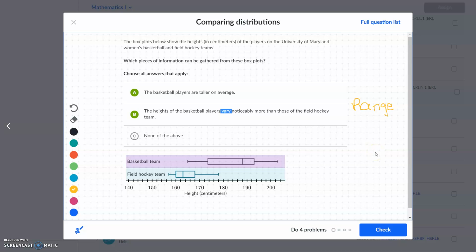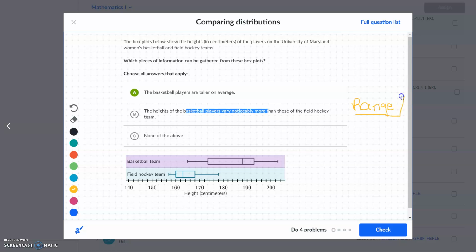So we're looking at, are they more spread out? Is the basketball graph more spread out than the field hockey graph? This is what this question is asking.